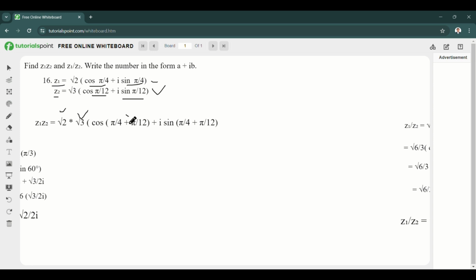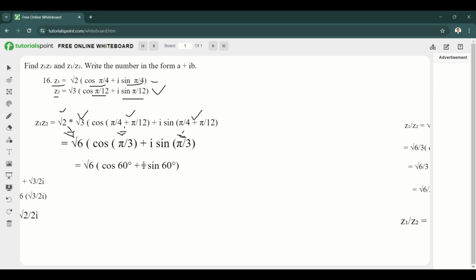We'll add them because we're doing multiplication. So after that, we will have these values. By evaluating these values, we'll have square root of 6. Then by adding pi over 4 plus pi over 12 equals pi over 3.